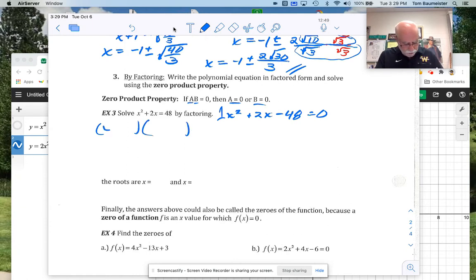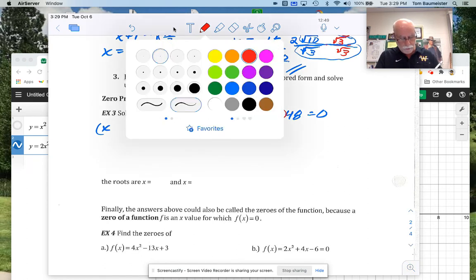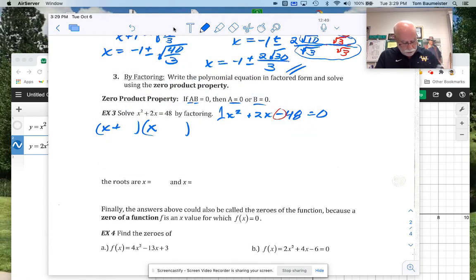So I'm going to have an x here and I'm going to have an x here. I look at this sign here. If that one is negative, one's going to be positive and one's going to be negative. And remember, that's telling us it's equal to 0.